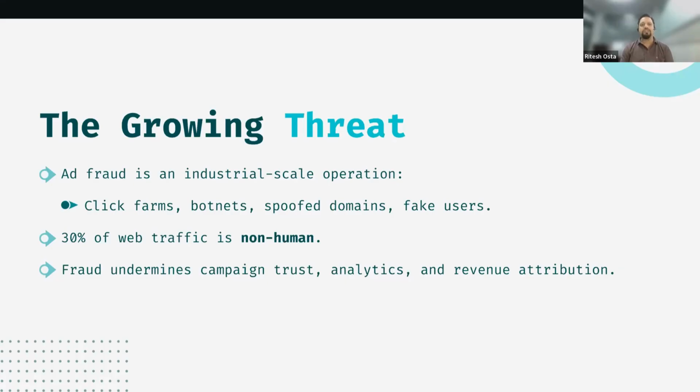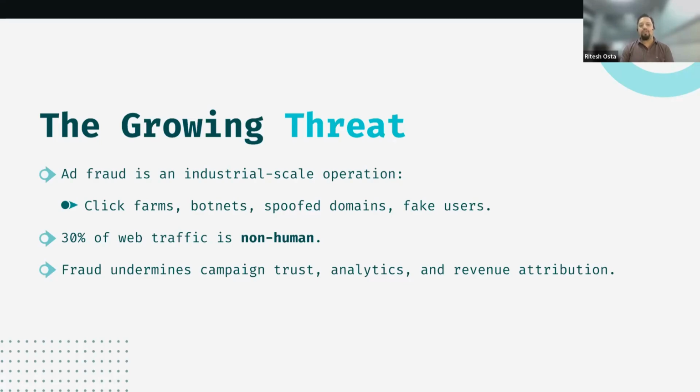I initially thought that this was just a small problem the companies might be facing here and there, but this is not a small problem. There are mafias, ad mafias, which are running large organizations who are siphoning off billions from different companies. And it's like a drain which needs to be stopped, right? 30% of web traffic is non-human.